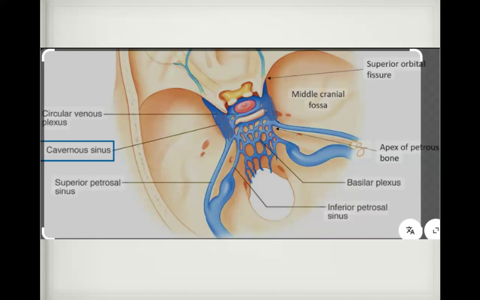It is actually like a cave. It's divided into various segments by various septa. So it's not just one huge space like that. It's actually divided into compartments, if I can put it that way, by septa. All right.